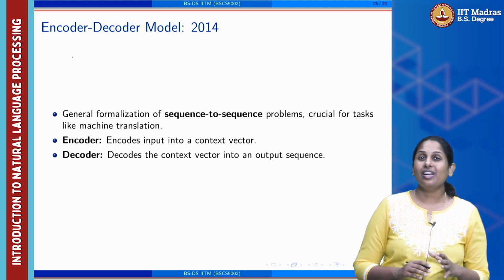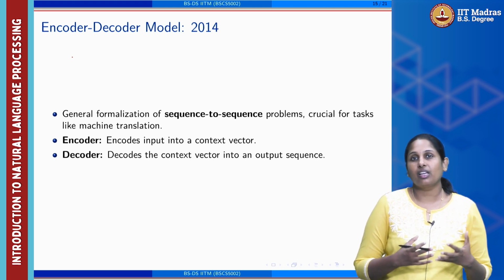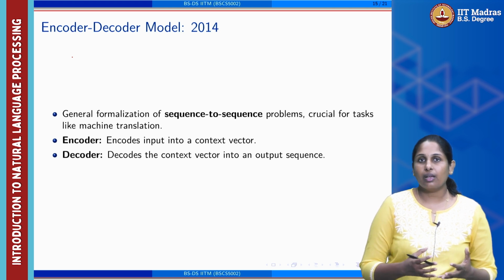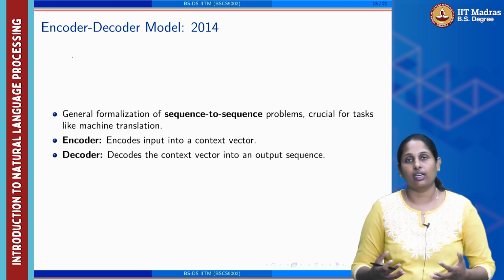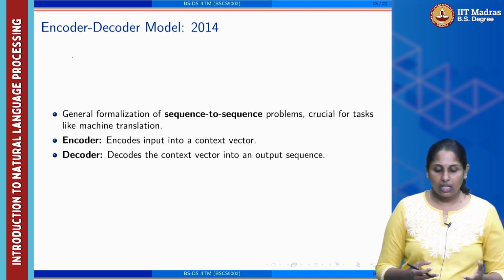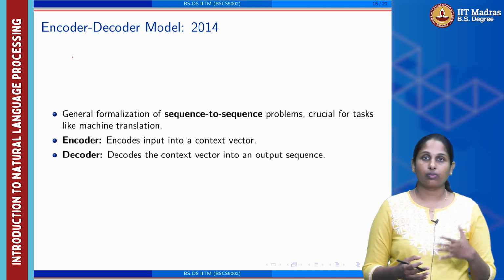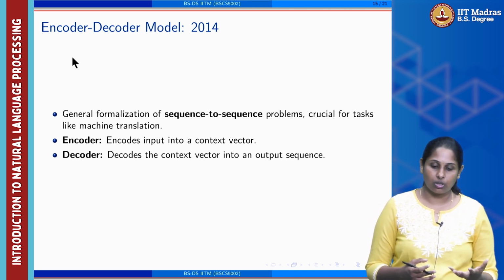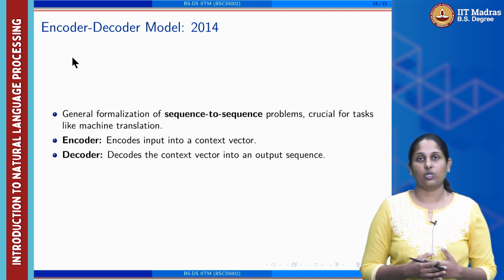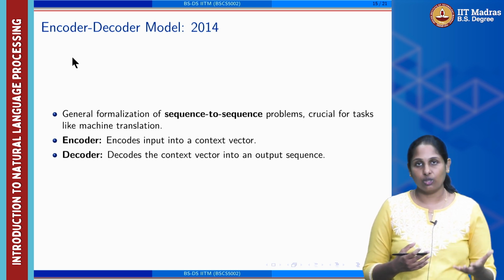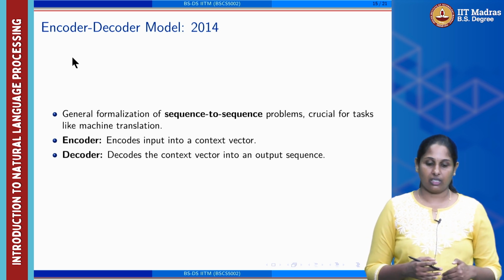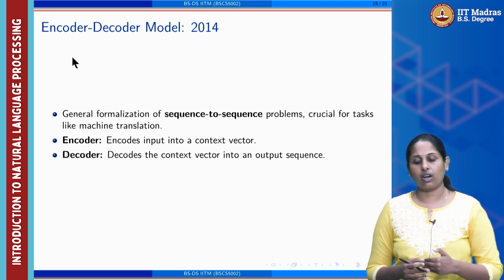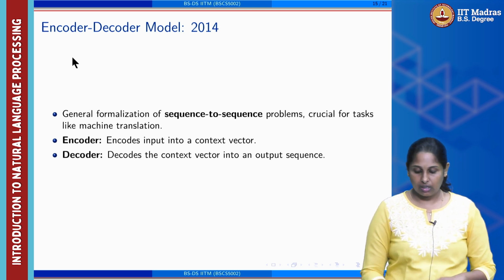It is not only about understanding the weightage of words, but also about encoding and decoding information from the data. Let's say in machine translation, the Encoder-Decoder model helps us convert the source into a context vector, and from the context vector we decode an output sequence.